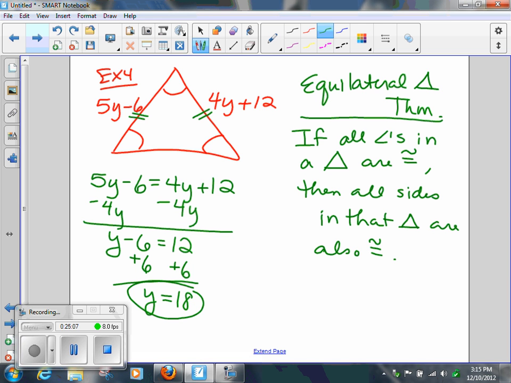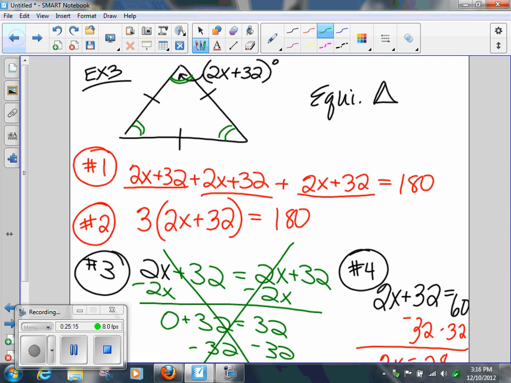How come on the one before this, we did 60 instead of 180? Because look what we were given. The information we were given was about angles. Angles equal 180 if we add all three together. But look at this one.